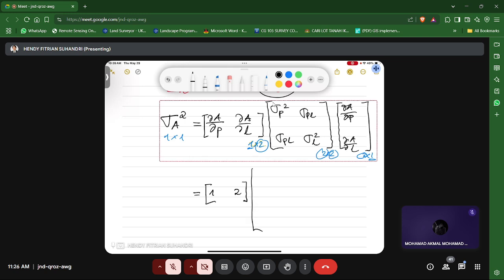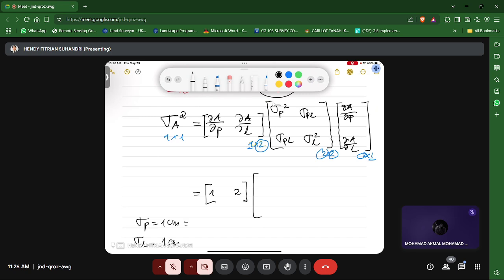And please be careful. For sigma P, I have 1 cm. Sigma L also has the same 1 cm. That means 0.01 meter and 0.01 meter. So for sigma P square, it becomes 0.0001, isn't it?